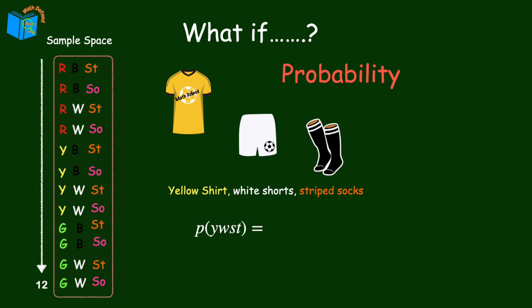Now, how many of those 12 include your favorable outcome, a yellow shirt, white shorts, and striped socks? Just 1. So we have 1 favorable outcome out of 12 total possible outcomes. That means the probability is 1 out of 12, or 1/12. If uniforms were handed out randomly, you'd have a 1 in 12 chance, or about an 8.3% likelihood of getting that specific uniform combination. Who knew that using just a little math along with our sample space, we could predict how likely something is to happen?